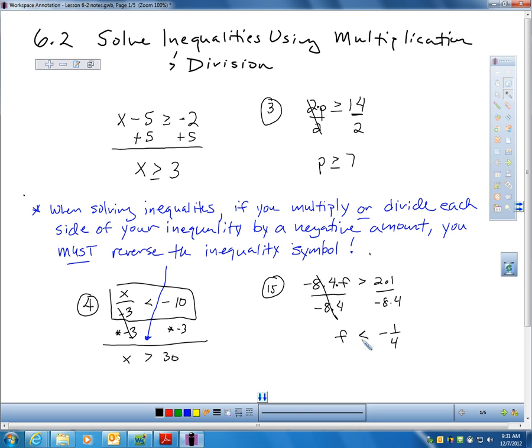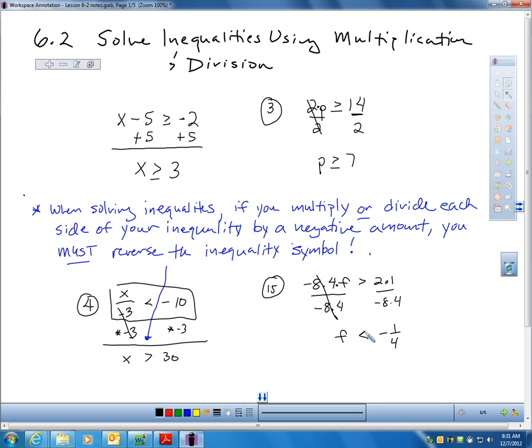I got to plug in values less than negative quarter to make this greater than 2.1. Let's try that. Let's pick an amount less than negative quarter, like negative 1. If I plug in negative 1, let's see if this works. Negative 8.4 times negative 1 is positive 8.4, and positive 8.4 is definitely greater than 2.1.